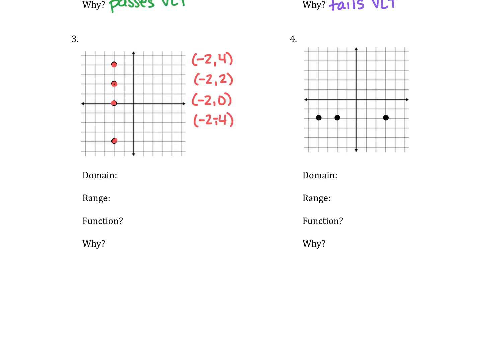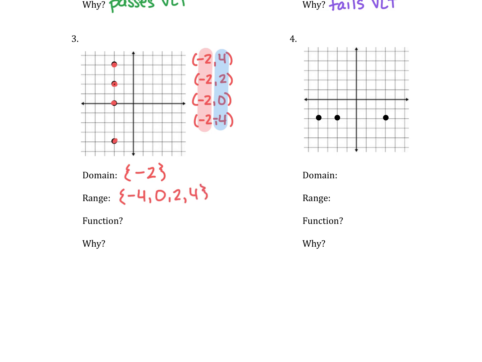So my domain, all my x values, least to greatest. Well, they're all the same, so I'm just going to put -2. For my range, remember it's all my y values, least to greatest, and I don't need to duplicate. So smallest was -4, 0, 2, 4.